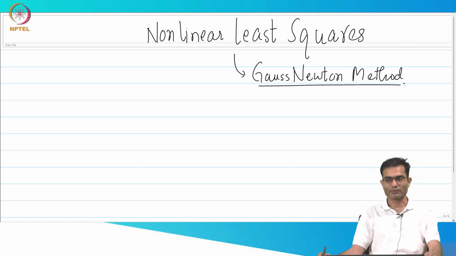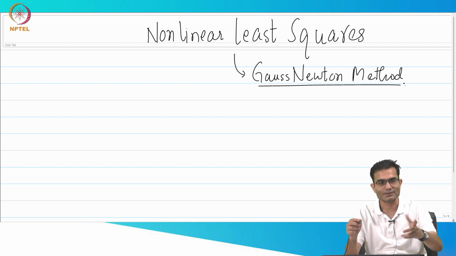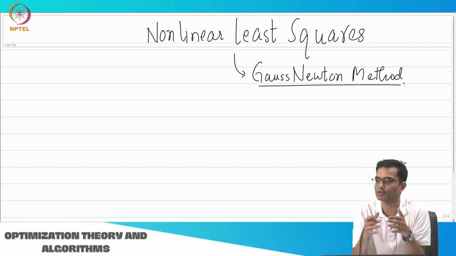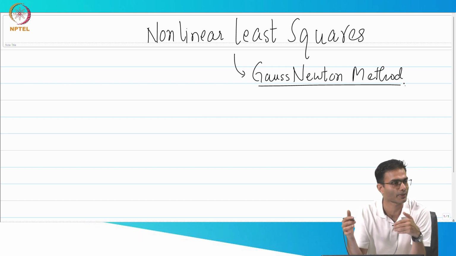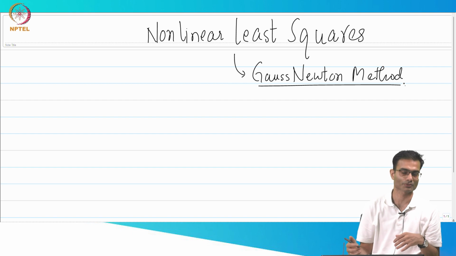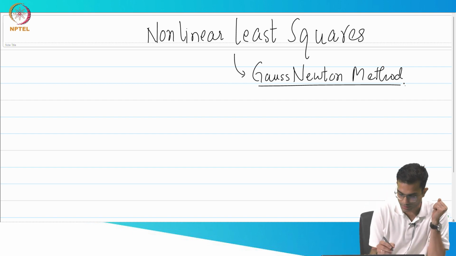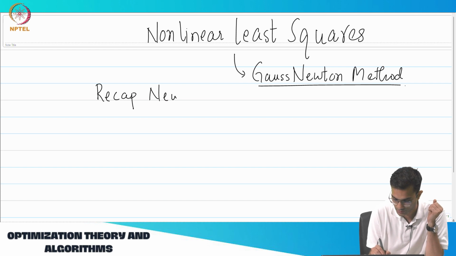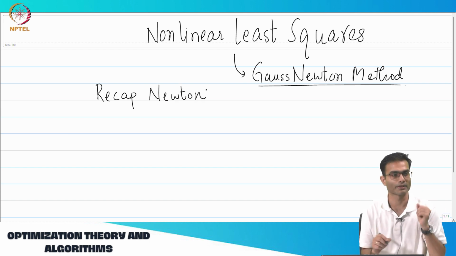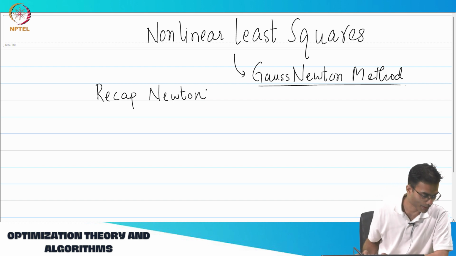The Newton method, we'll summarize it now, plus a small set of modifications to deal with the fact that the objective function is written in least squares form. That's what the Gauss-Newton method is. Okay, so let's quickly recap. In fact, this was a question which you did yesterday, right? You want to recap the Newton method.